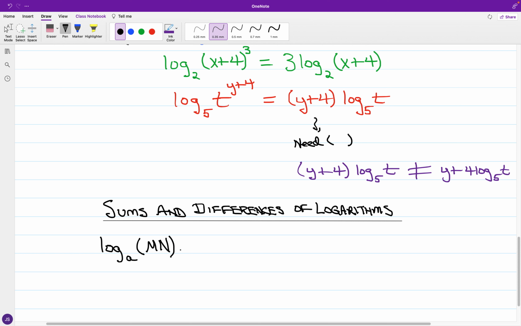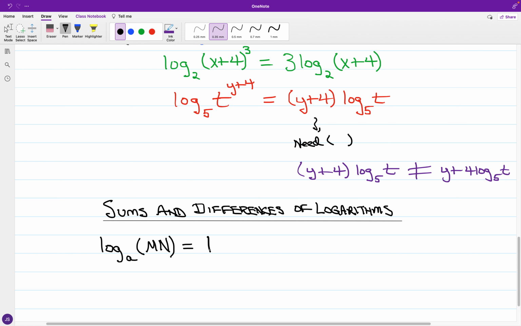of m times n. So inside, within the attachment, there are two factors: m and n multiplying each other. And in the single logarithmic term, wherever I have multiplication, as in m times n, I can form a detachment between m and n, where the multiplication will be written in terms of adding.